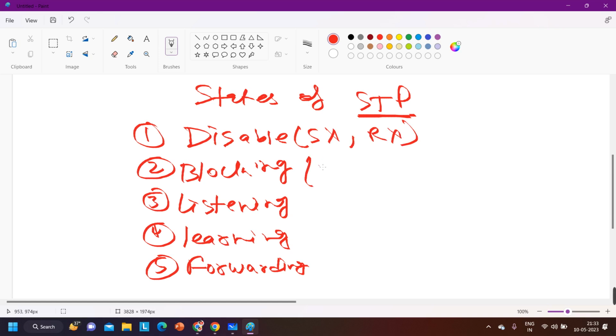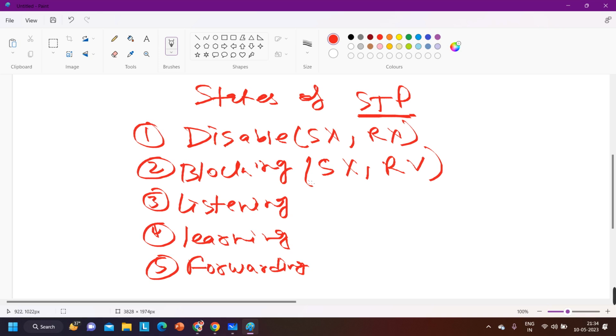Then the blocking port. From a blocking port we cannot send BPDU, but we can receive BPDU. Blocking state means the port which will become what? Alternate. The state of that port will be blocking.